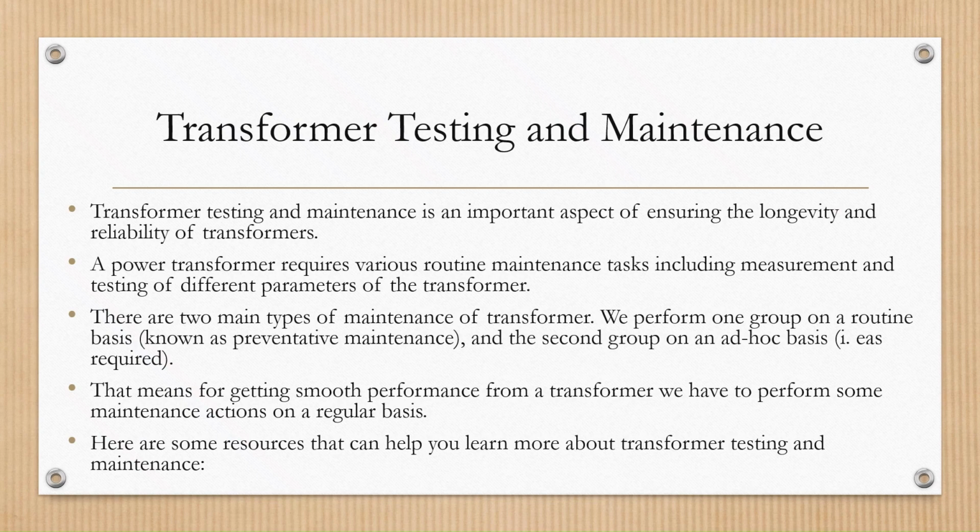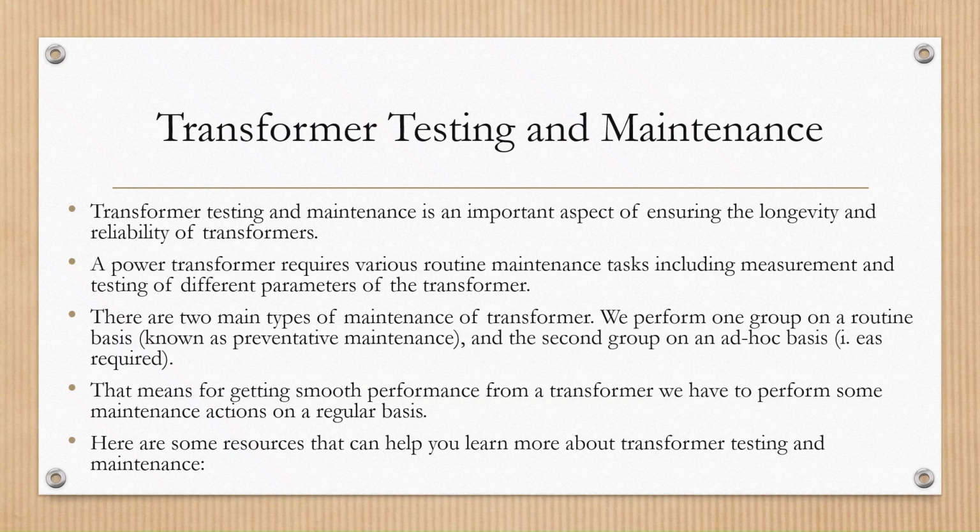Transformer testing and maintenance is an important aspect of ensuring the longevity and reliability of transformers. A power transformer requires various routine maintenance tasks including measurement and testing of different parameters of the transformer. There are two main types of maintenance of a transformer.